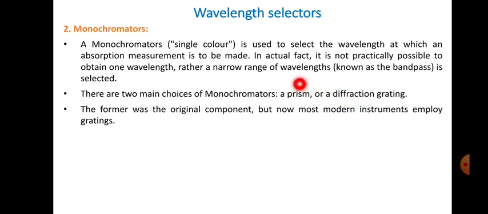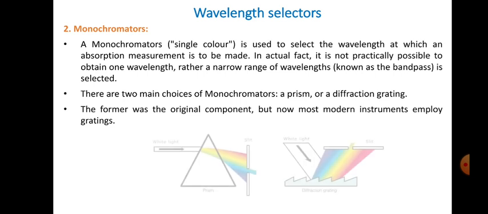Okay. So, the prism monochromator was the original component in most of the previous spectrophotometers, but nowadays the prism monochromators have been replaced to a high extent with the diffraction grating monochromators, okay, because of the preciseness and accuracy of the filtration.